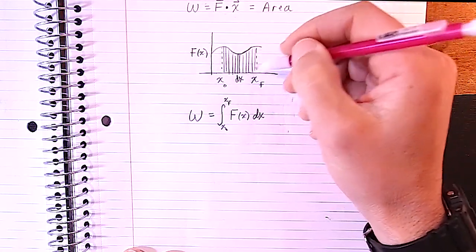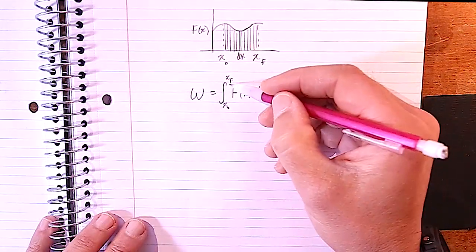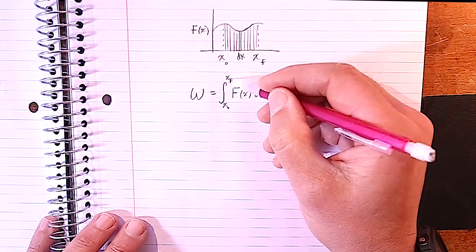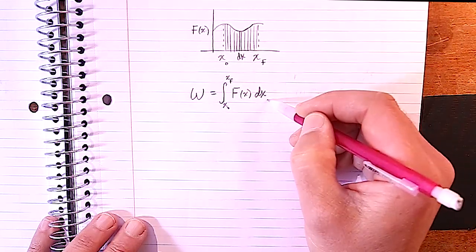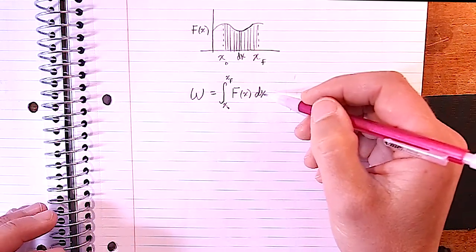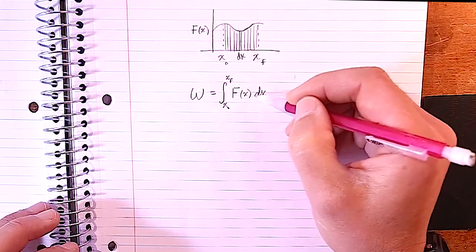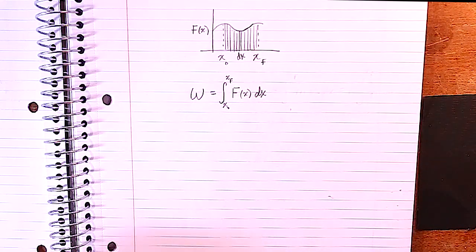So what is that area? That's the integral. The work is the integral from x naught to x final of that function f with respect to position. So this formula works for a changing force, where our formula before had to only solve problems when we had an average force or a constant force.